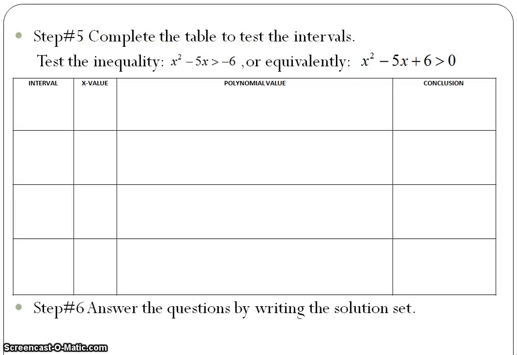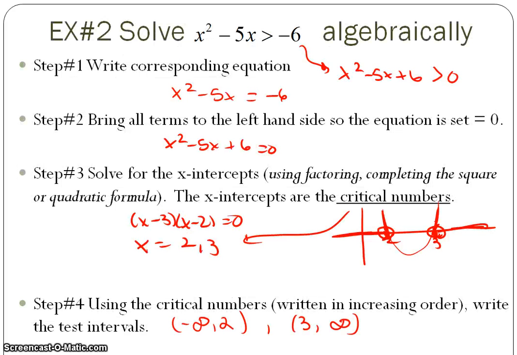So what we're going to have to do is put it in. The test intervals are from minus infinity to 2, and then from 2 to 3, and then from 3 to infinity. It's always from minus infinity to the smallest, from the smallest to the next one, and then from the biggest all the way out to infinity.